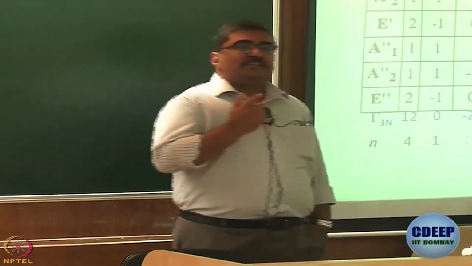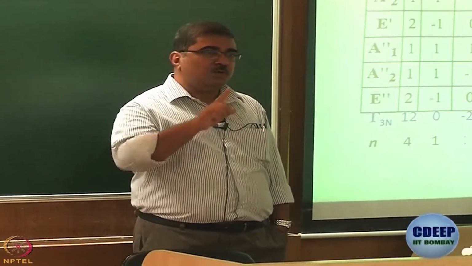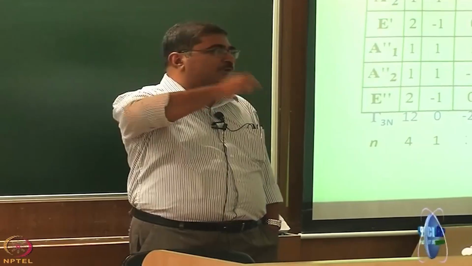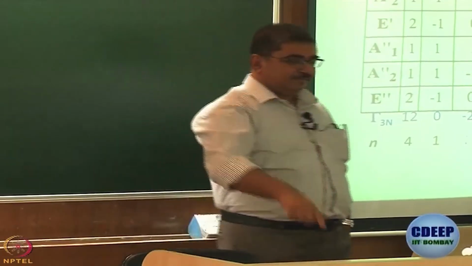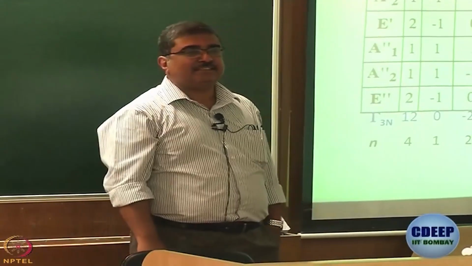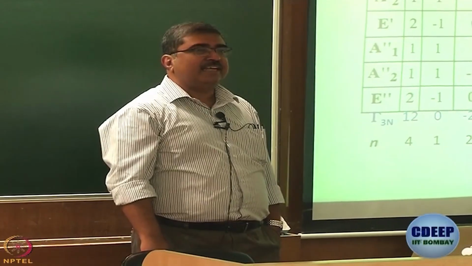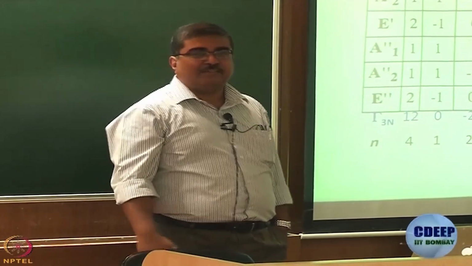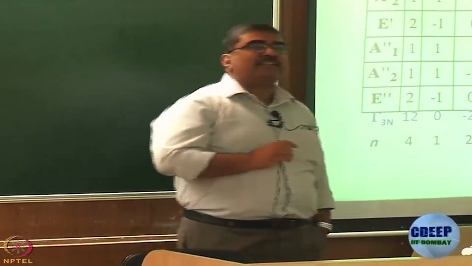How many atoms remain in their place upon applying C2? 2, right. The way we drew C2 was through the central atom and one of the other pendant atoms. n is 2. What is n for sigma h? Does any atom move from its position? 4. What about S3?